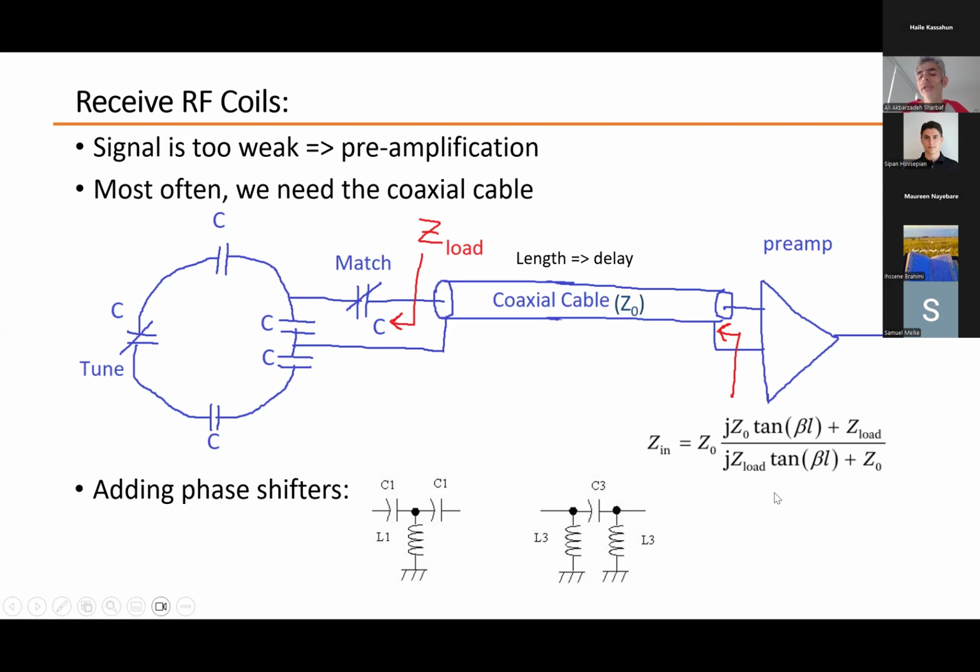It's something like this. Why? Because the wave that propagates inside this cable experiences some delay because it takes time, and this delay causes some phase shift.